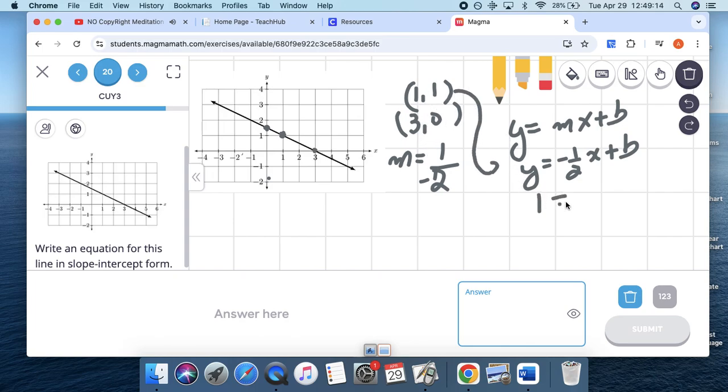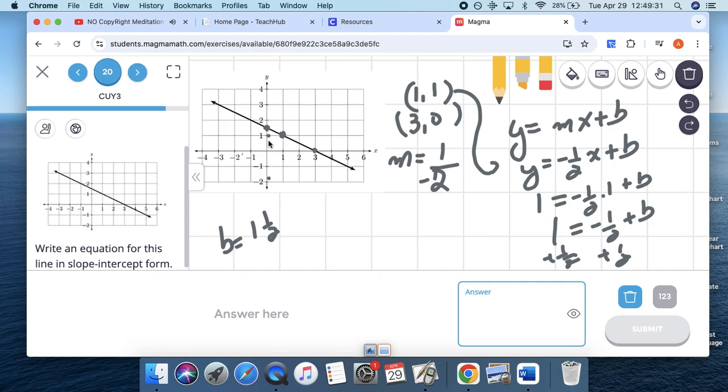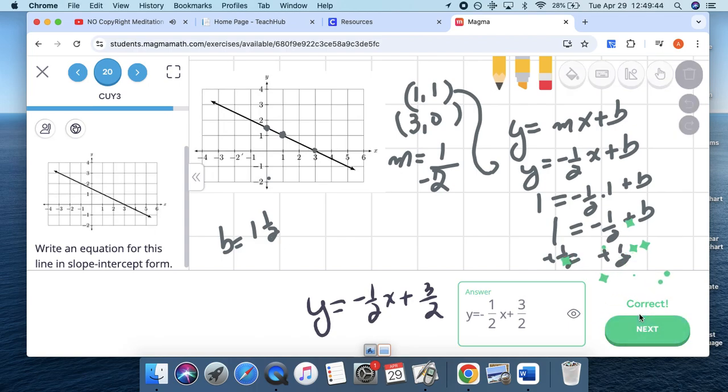So 1 equals negative 1/2 times 1 plus b. 1 equals negative 1/2 plus b. We add 1/2 to both sides, and b is 1.5. Notice that we're close because that looks like 1.5. So the final equation is y equals negative 1/2 x plus 3/2, or you can write it as 1.5.